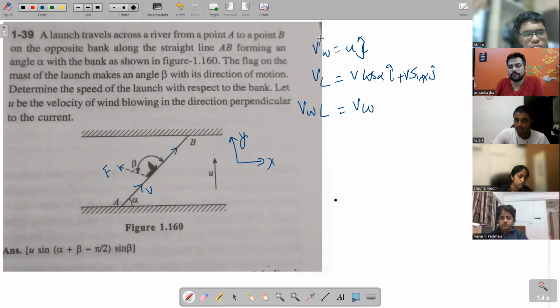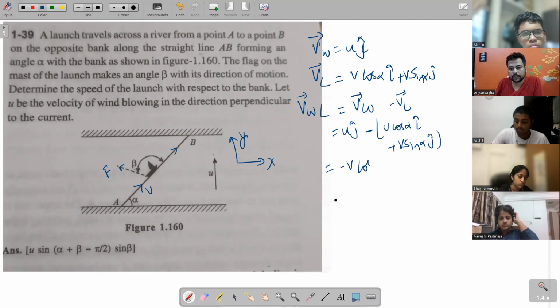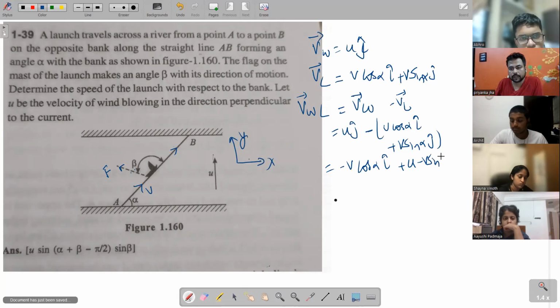You have to find the velocity of wind with respect to launch, that is v_w minus v_launch, that is u j minus (v cos alpha i plus v sin alpha j). So it is minus v cos alpha i plus (u minus v sin alpha) j.